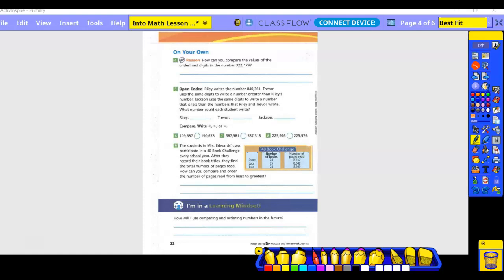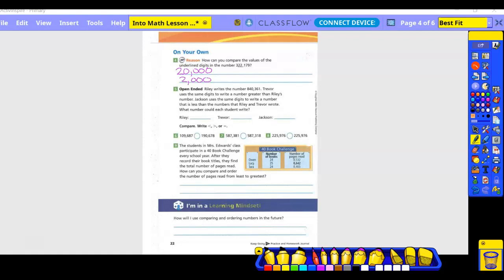One is in the 10,000 place value, and the other is in the thousands place value. So the first one is 20,000, and the second one is 2,000.